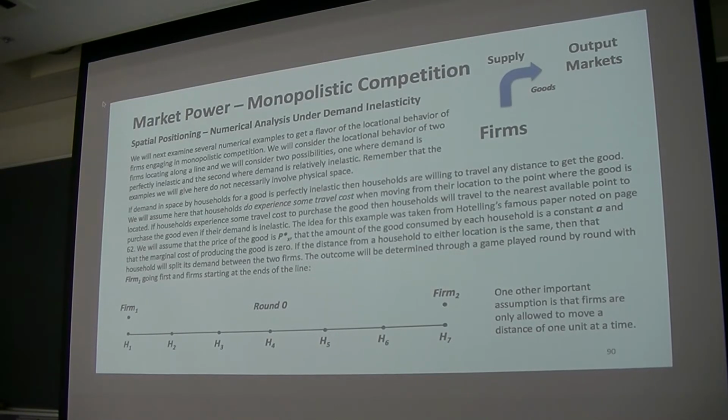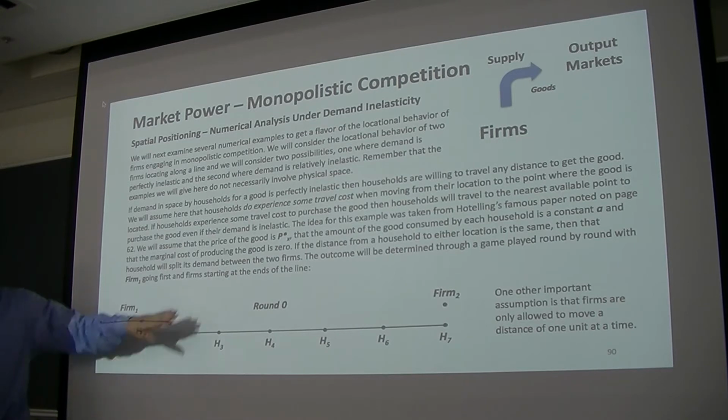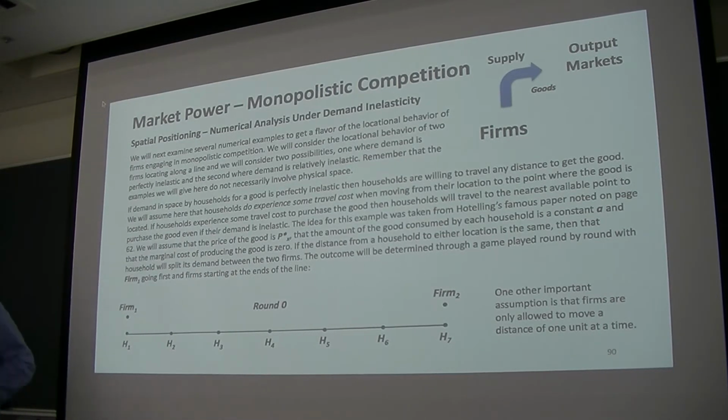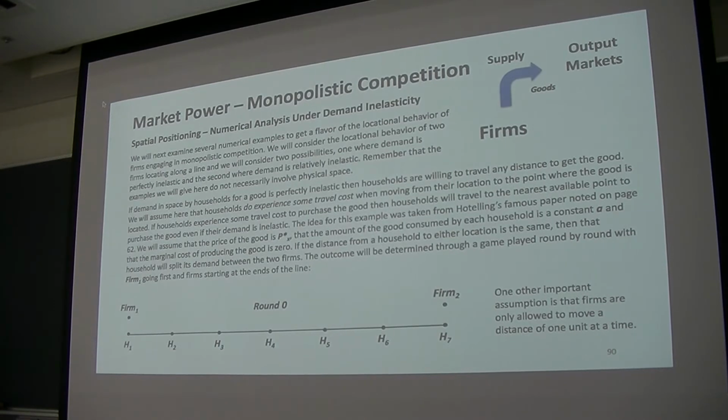So I'm now going to give you a numerical analysis. Now it's another kind of game. We're going to look at firms that have market power, and we have about 13 minutes.